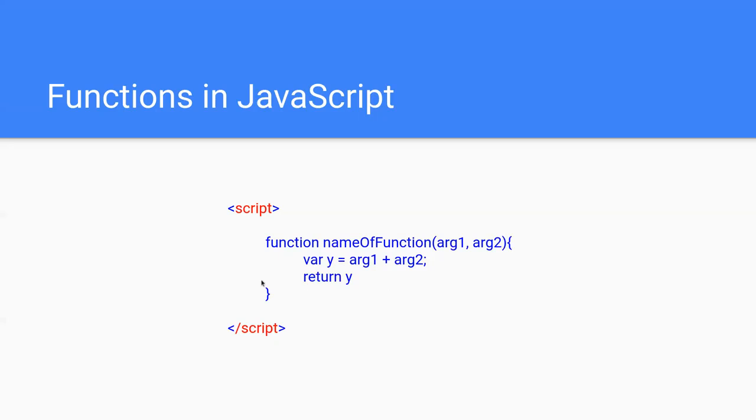So this function is a very basic function which will add the two arguments and return its value. So whenever you want to run this function, you write the name of the function followed by the arguments, like name of function 2, comma, 3, and that will return to you 5. So these are functions in JavaScript. So let's see a function in action.